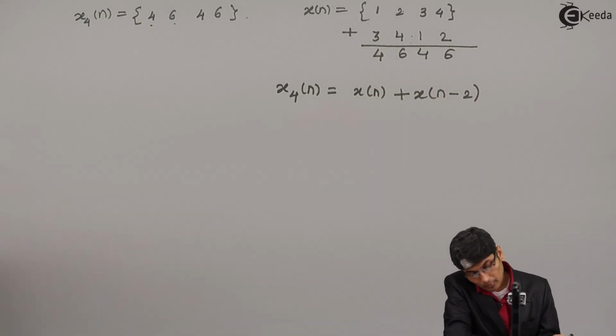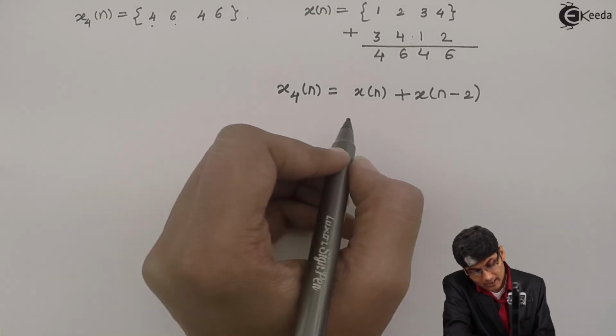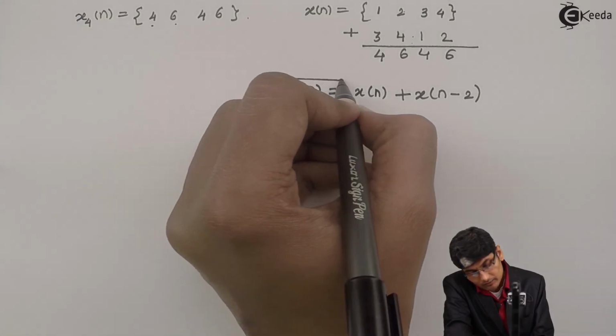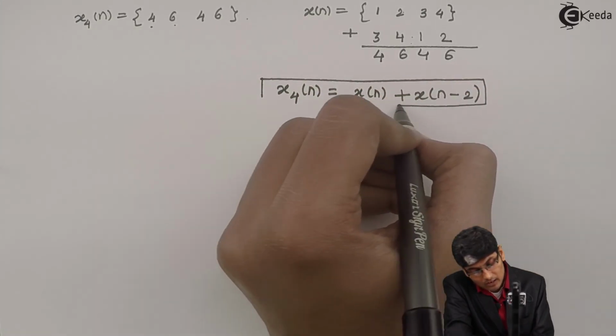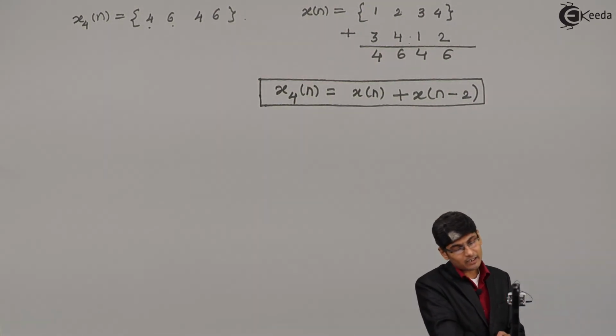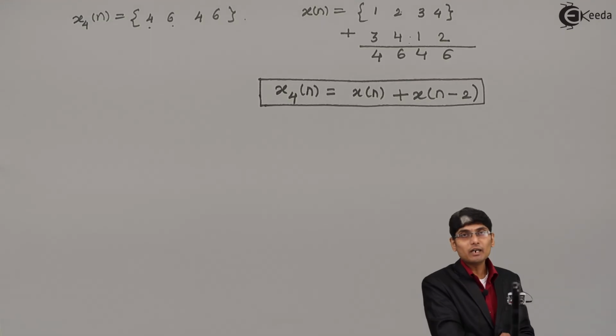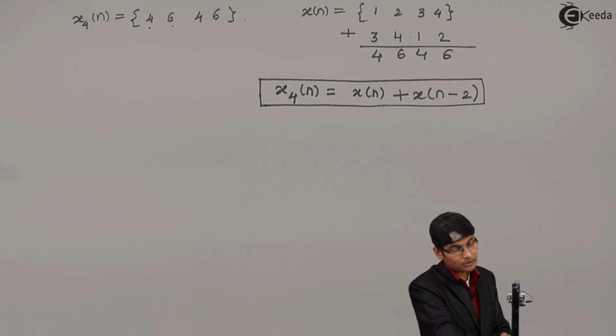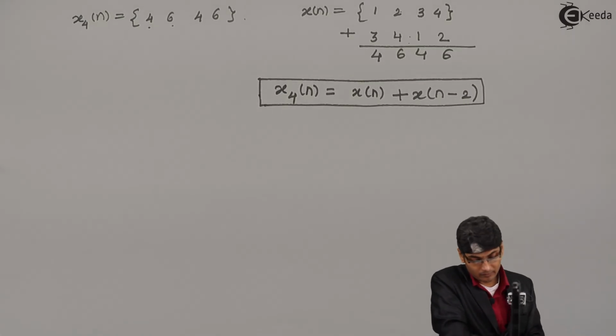So, therefore, I have seen that my new x4 of n does not have a direct relation with the x of n, but the relation can be developed by looking logically at the given sequence.